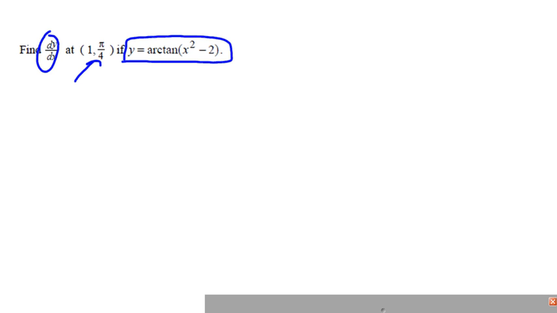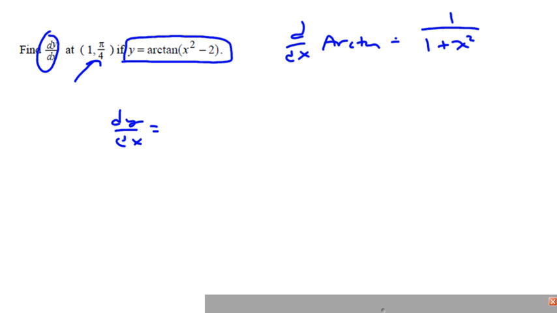So we use our rules. We know that the derivative of arctan equals 1 over 1 plus x squared. So using the chain rule, dy dx equals 1 over 1 plus x squared minus 2 squared, times the derivative of the inside, times 2x.